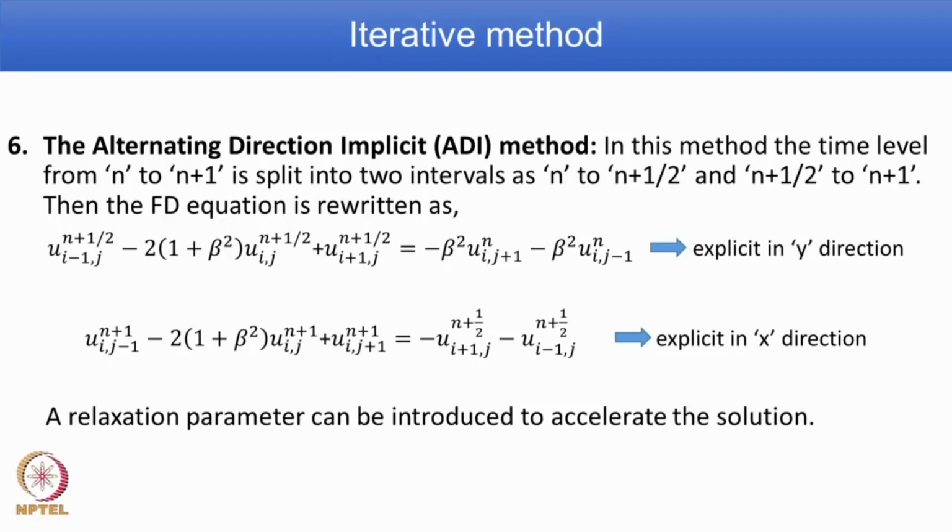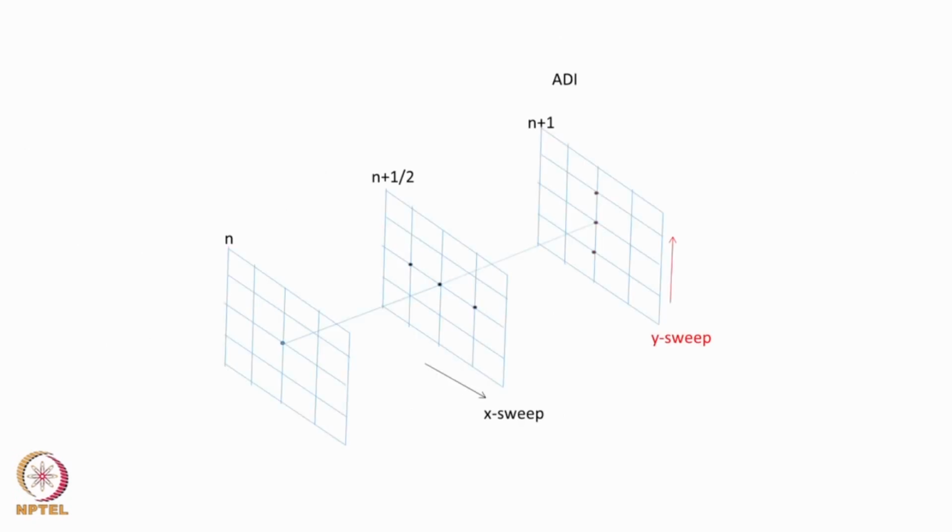It is also possible to introduce a relaxation parameter as we did in the SOR procedure and accelerate the solution. Now, the ADI method is explained graphically as shown here. So, for the value at n plus half you do a sweep in the x direction and for n plus 1 you do a sweep in the y direction.